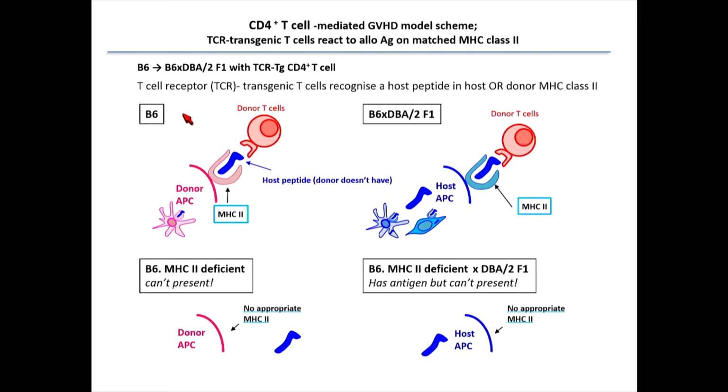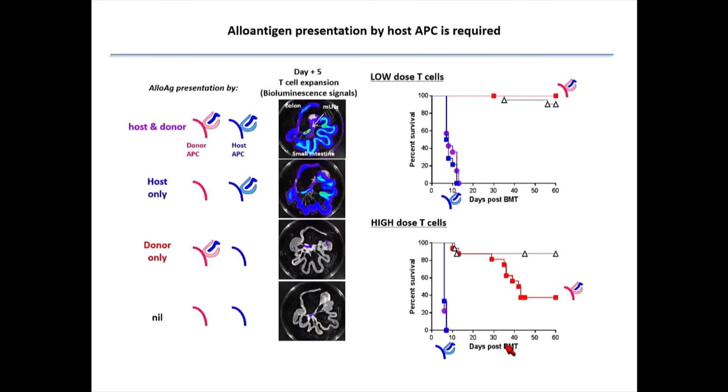So when the donor is a wild-type B6 mouse, they can present with the appropriate MHC class 2 to this transgenic T cell. And wild-type B6 by DBA2 mice can also present. However, when the donor has MHC class 2 deficiency, they cannot present. And when the recipient is a B6 MHC class 2 deficient by DBA2 mouse, they have antigen derived from DBA2. However, they can't present because there is no appropriate MHC class 2.